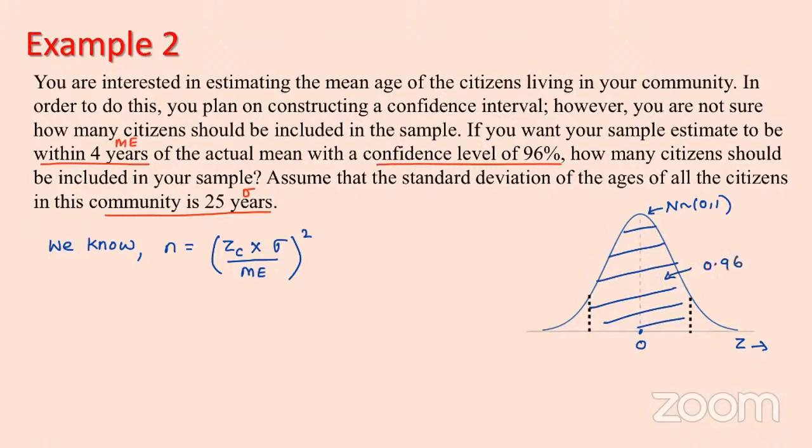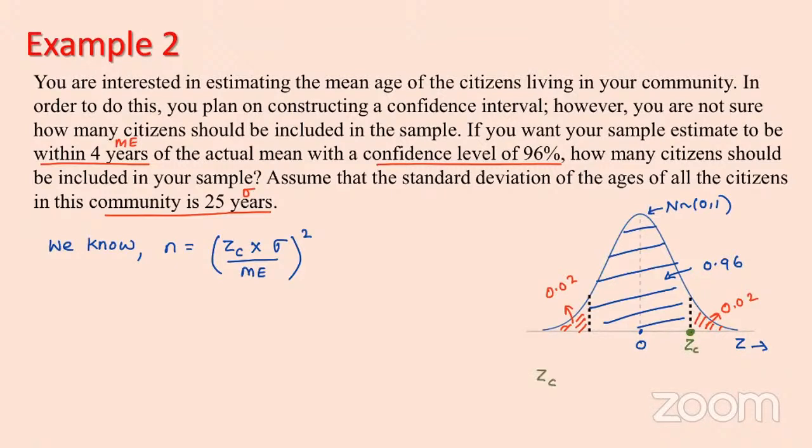If 96% area is in the middle, how much is the remaining area? 4% divided into 2 parts, so 2% each, 0.02, 0.02. And the value that goes here in the x-axis is your Z critical.